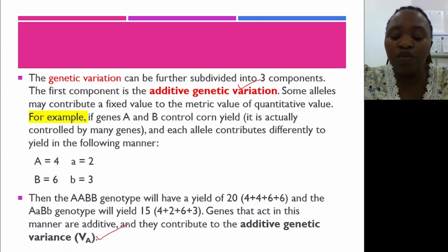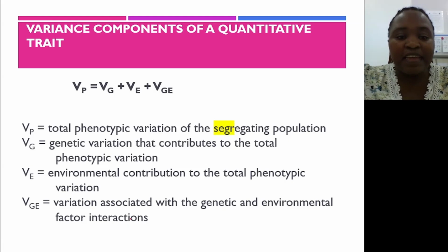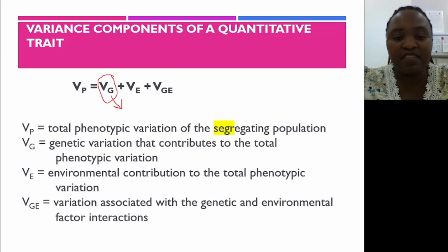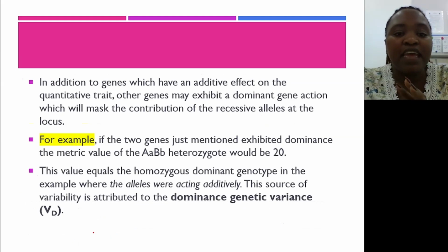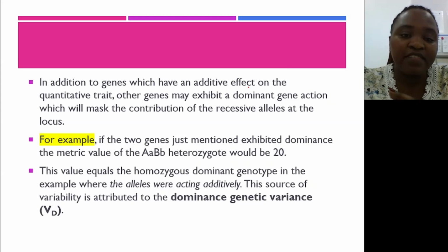Remember we are looking at the first part, genetic variation, and the factors that affect it. One of them is the additive genetic variance. In addition to the genes which have an additive effect on a quantitative trait, other genes may exhibit dominance.